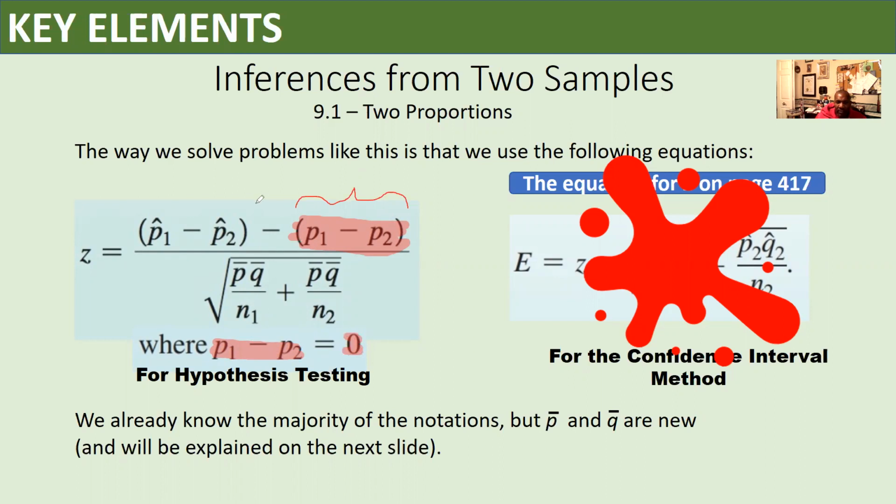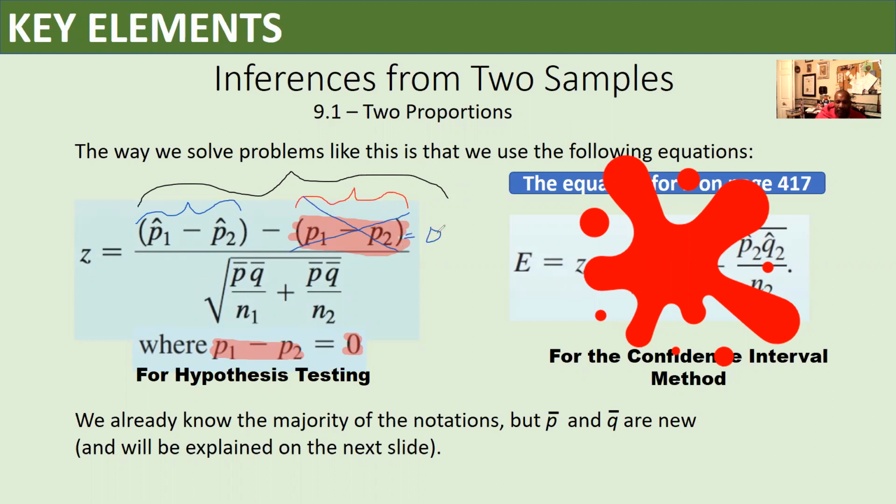So even though this equation looks really fancy in the numerator up top, we're really only focusing on this portion right here, because we always assume with the problems in this class that this value equals 0.